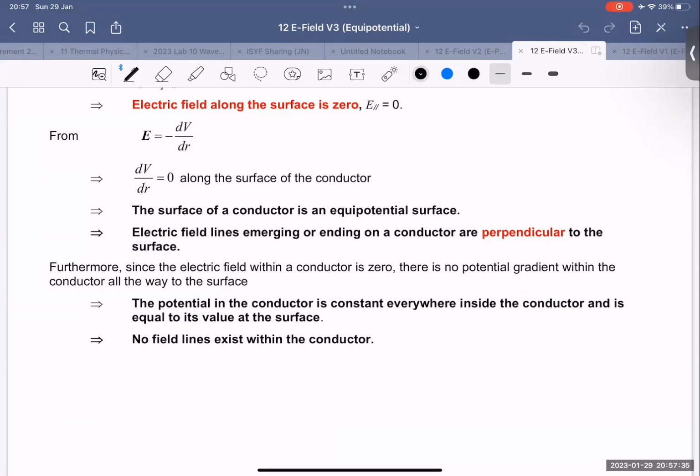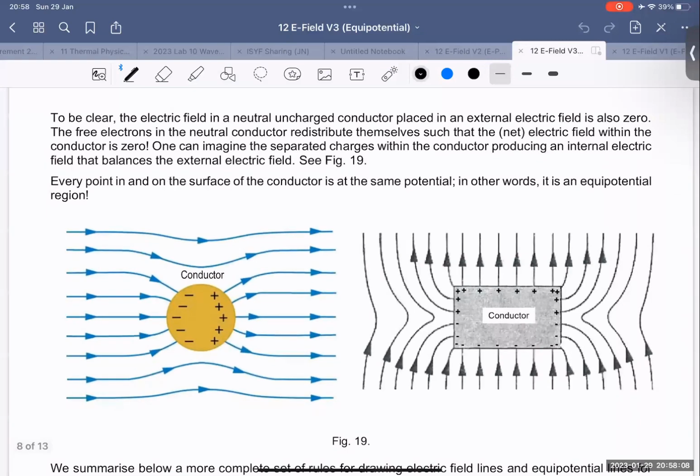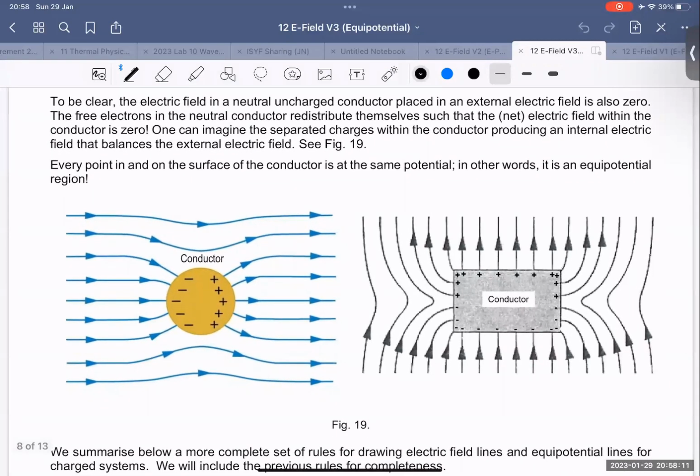The electric field lines emerging or ending on the conductor are perpendicular to the surface. So these two are important points when you're drawing electric field lines emerging from a conductor. The potential in the conductor is constant everywhere inside the conductor and is equal to its value at the surface. So that means there are no field lines inside the conductor. Here is an example of a conductor inside an electric field.